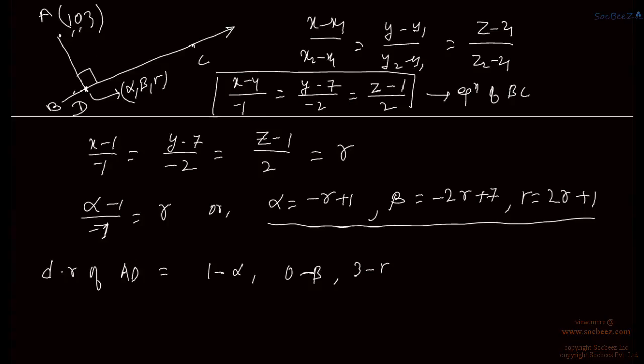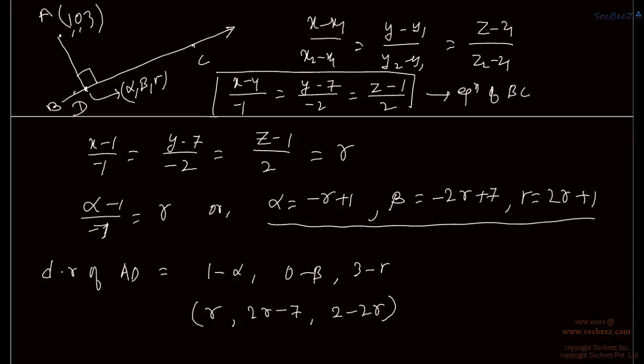That is, 1 minus alpha means 1 minus r minus 1, that is r. Then 0 minus beta means 2r minus 7, and 3 minus gamma means 3 minus 2r minus 1, that is 2 minus 2r. So this is the direction ratio of AD.